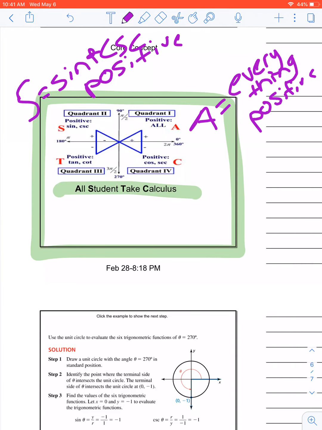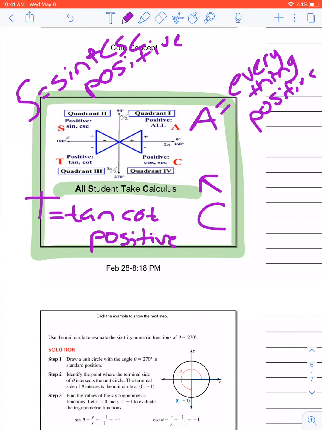Take, so T's down here, tangent and cotangent are positive. And then the last one right here, calculus, so cosine and secant are positive.